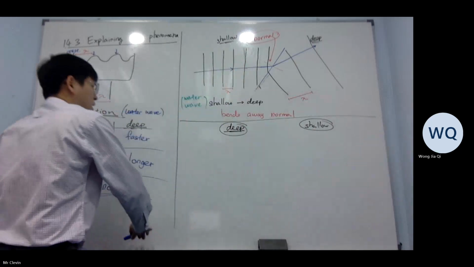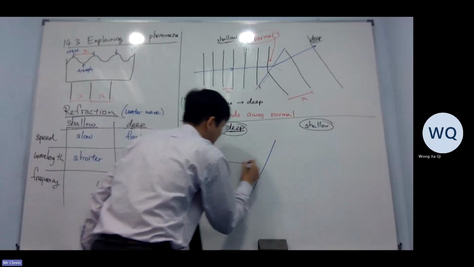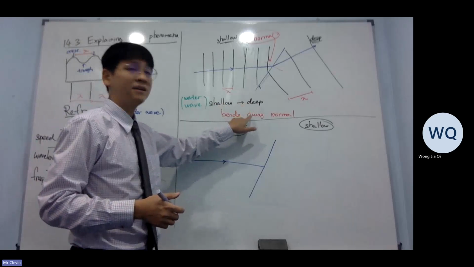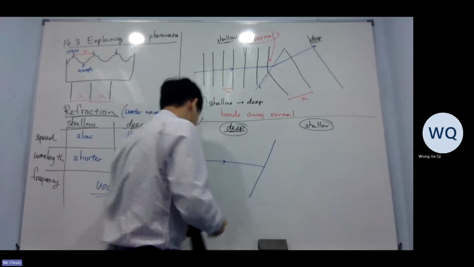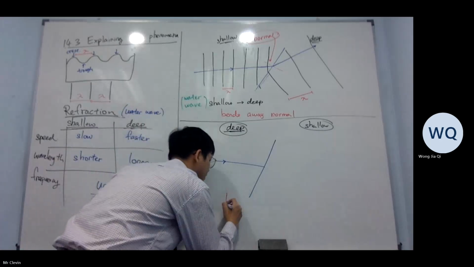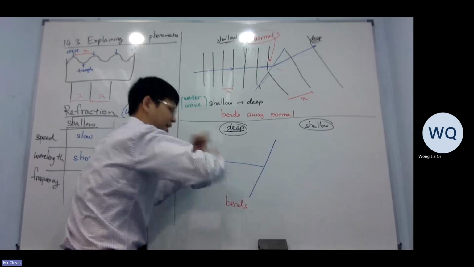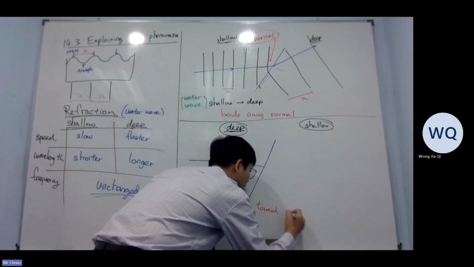Okay, so same thing. The regions are separate. Identify the region first. If I'm going from shallow to deep, I bend away from the normal, right? Now, if I want to go from deep to shallow, I should bend the other way, which is towards the normal.